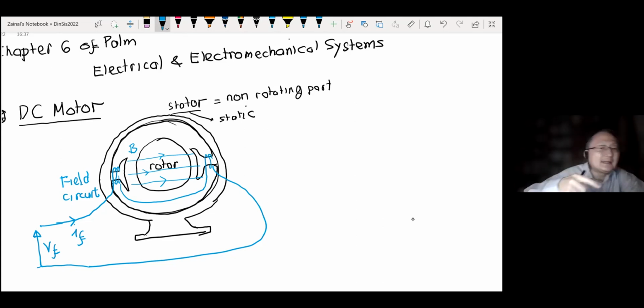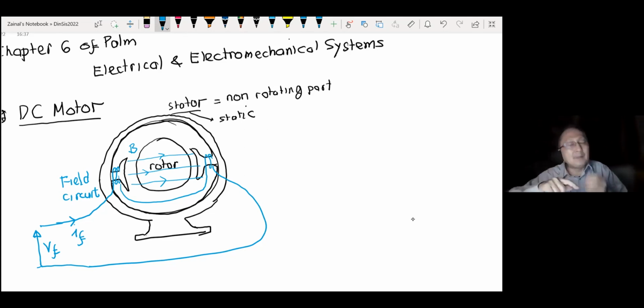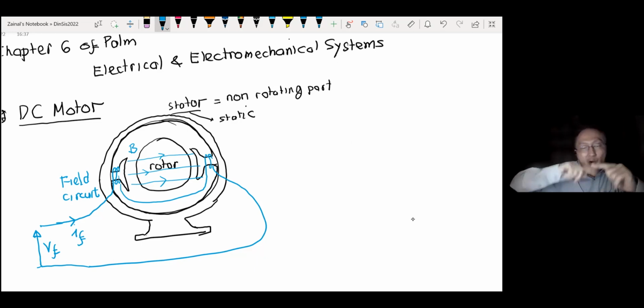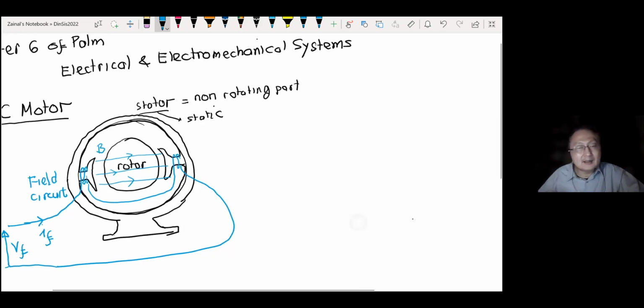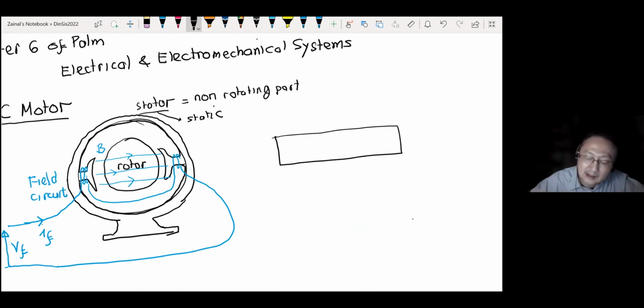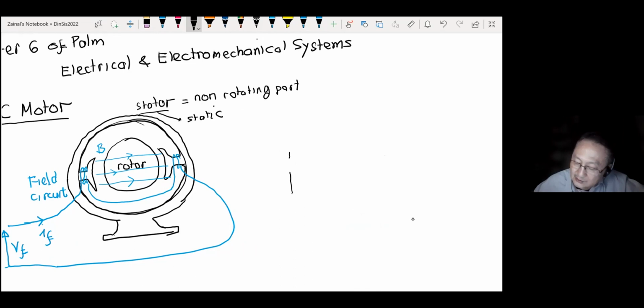So it's winding. The field is made from a coil, and then you inject current into the coil. If you have a coil something like this, for example, and then you make a coil something like this, sorry.